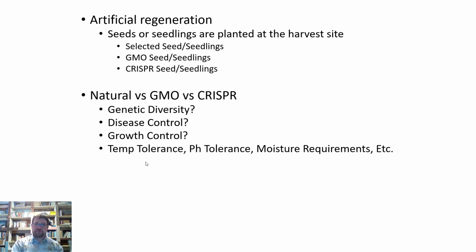Other things: do you need some type of temperature tolerance? Do you need pH tolerance, moisture requirements? Is the landscape you're growing these seeds on not actually fit or good for the species of tree that you're interested in growing? Then you might need to select a GMO or CRISPR that has some of these tolerances, or you can develop one that has some tolerance to different temperatures or pH.